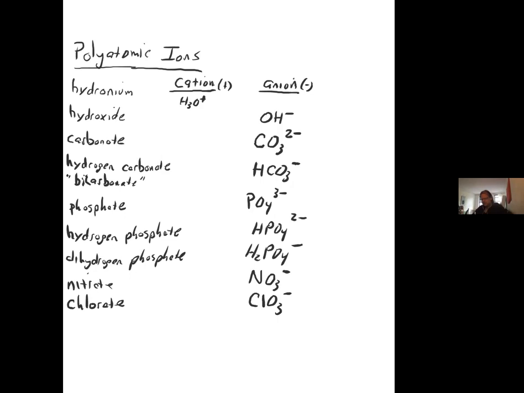So you may see something like perchlorate. So you got 1 extra oxygen. Per means 1 more. So if ATE has 3, perATE is going to have 4. If ATE has 2, then perATE is going to have 3, 1 extra oxygen. So there's actually a pattern to this. I'll show you the pattern in just a moment.